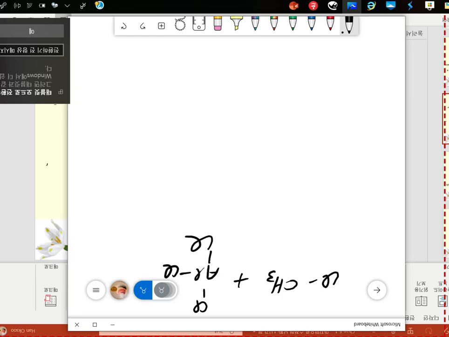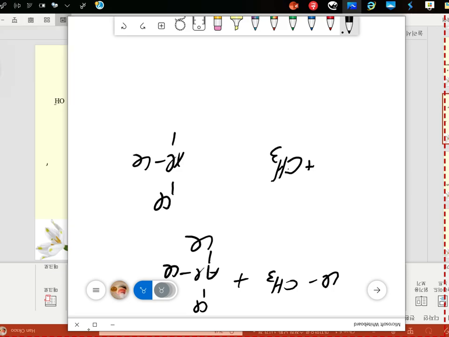Let's try to identify the electrophilic center and nucleophilic center in this reaction. If you look at the product, it is CH3 plus and AlCl4 minus. So we draw the Lewis structure. It will be like this.